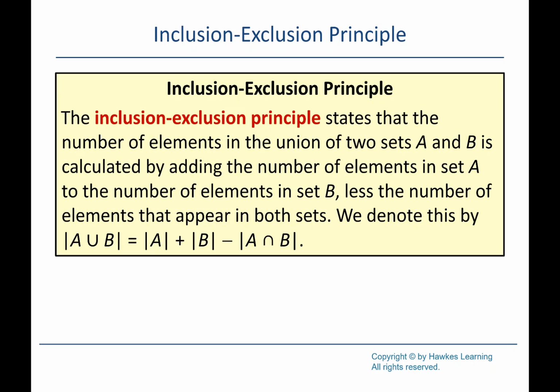But then we might have some elements that are in both of the sets, so we've accidentally double counted those. So we have to subtract away the elements that are in both sets. That way we're not over counting. So it's just how many we have in the first one plus how many we have in the second one minus how many we have in both. And that keeps us from having to actually make this union. Okay.